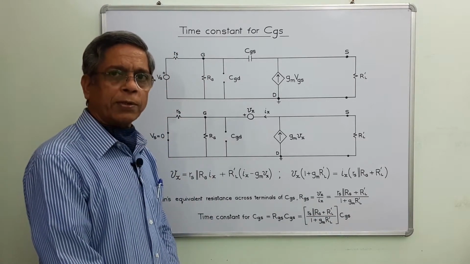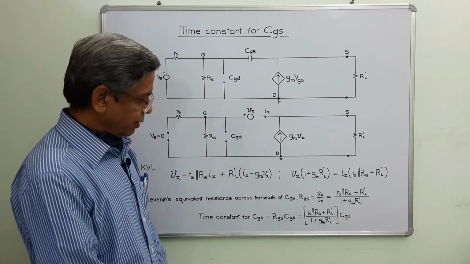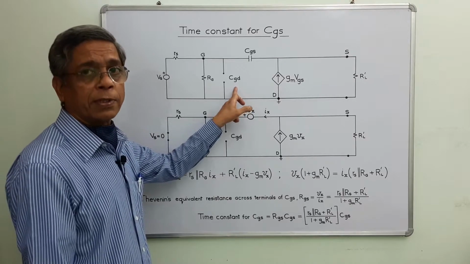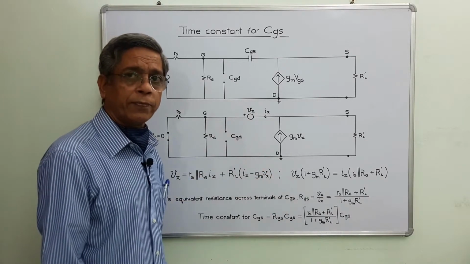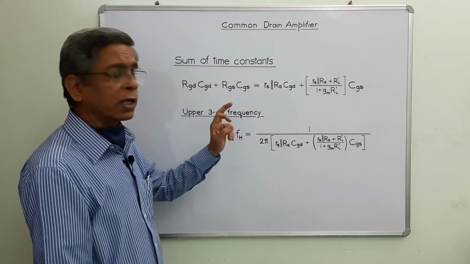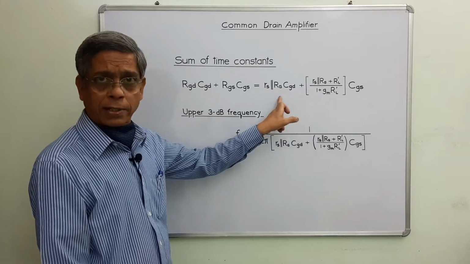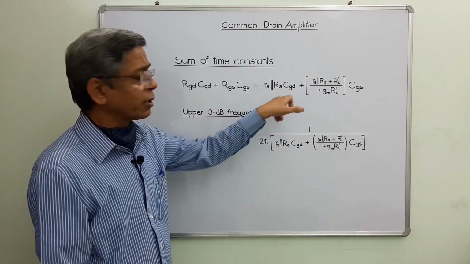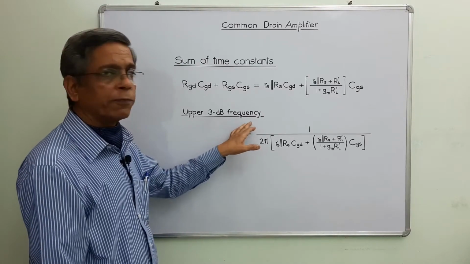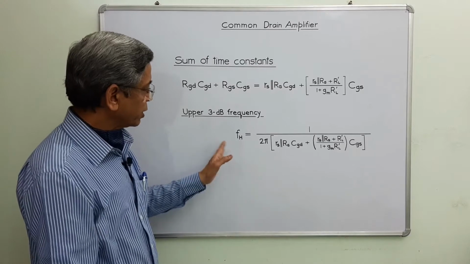Now we are in a position to determine the upper 3 dB frequency by using the sum of the time constants for this capacitor as well as for this capacitor on the next page. Now we have the sum of the time constants for both the capacitors CGD and CGS, and this is the extended expression. And from this expression, we can write the expression for the upper 3 dB frequency for the common drain amplifier working at high frequency band. So this is the expression.